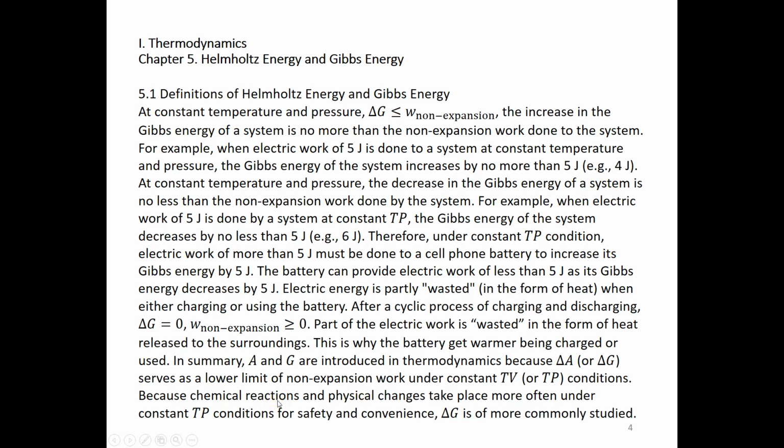Because chemical reactions and physical changes take place more often under constant TP conditions for safety and convenience, we often study delta G, calculate delta G as the lower limit for non-expansion work.